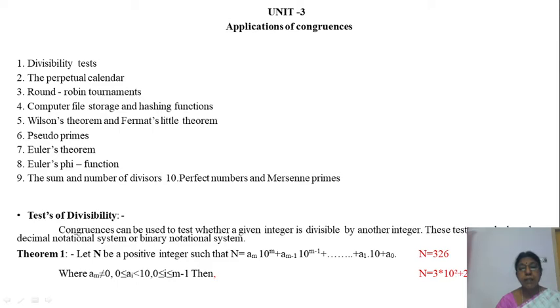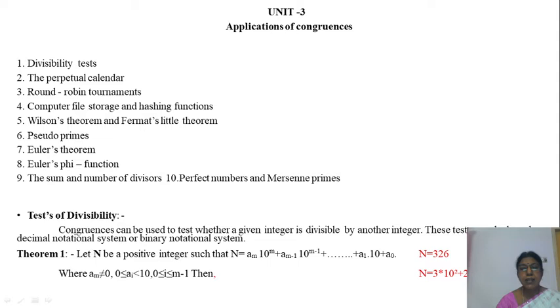This means 10 power 1, and the last one is constant. That's why every number in the decimal system can be written like this. Assume the last one is a0. 6 is a0. Its previous number, 2 into 10, means a1 into 10.